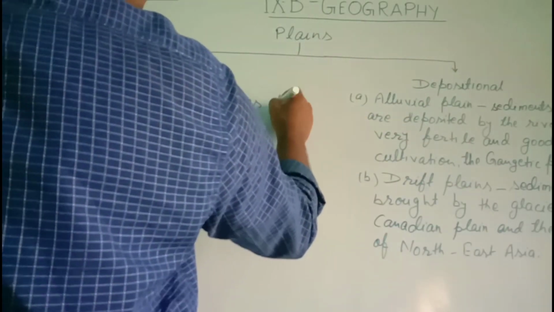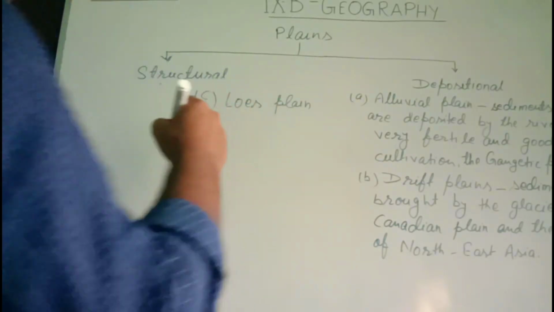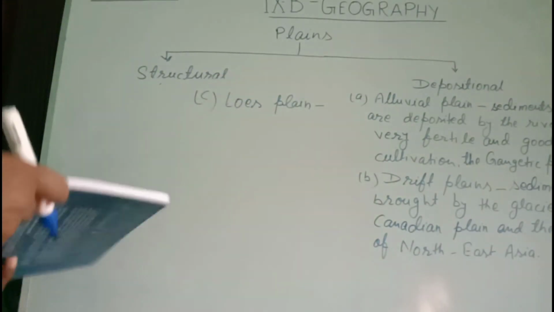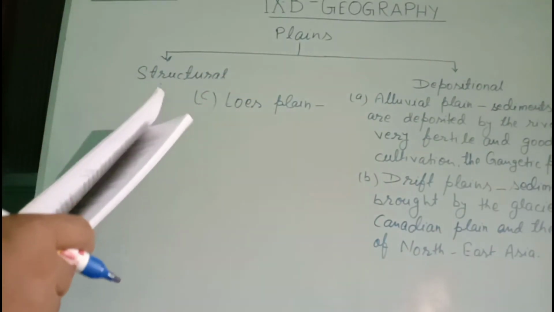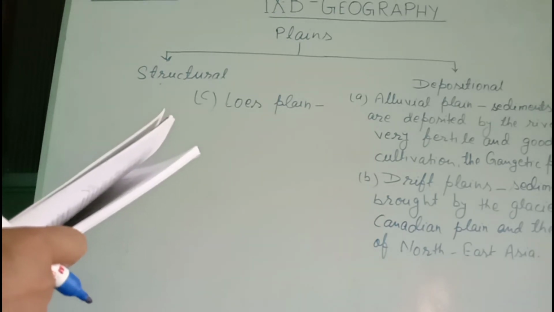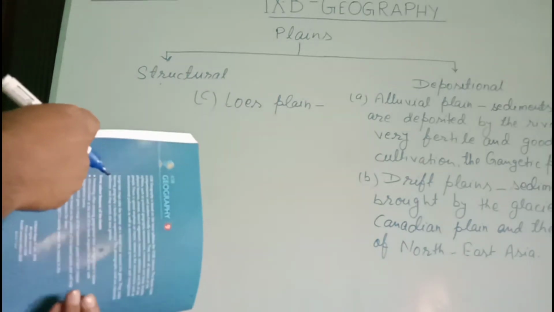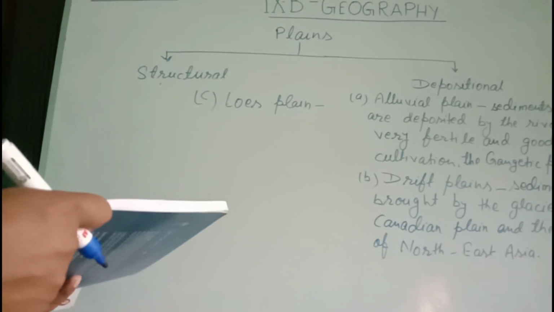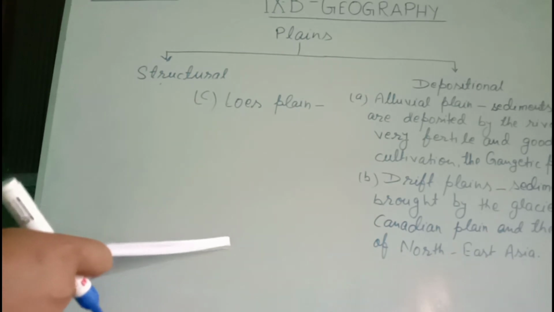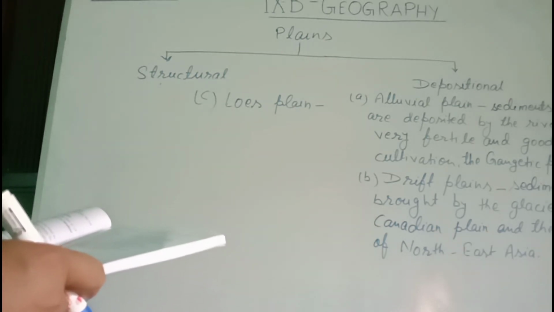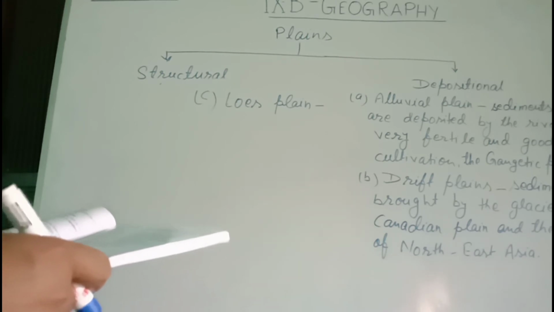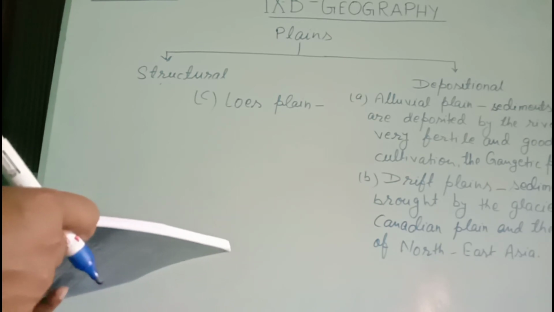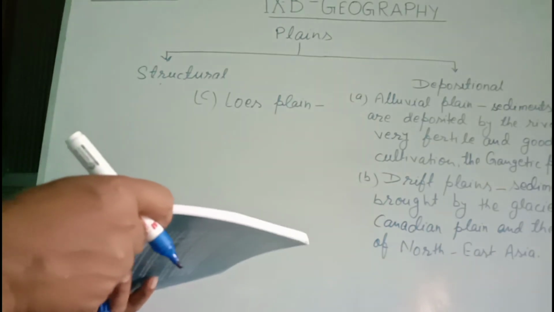Loess plain. In this, the sediments are deposited by the moving wind. This kind of plains are found in desert area, especially the plain that is made by the sediments of the sand.